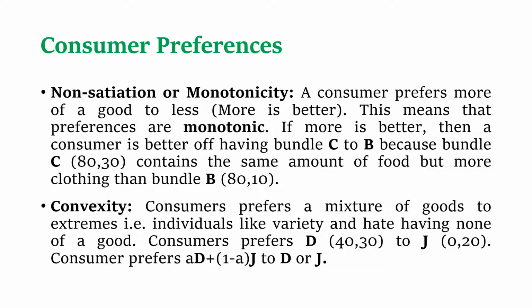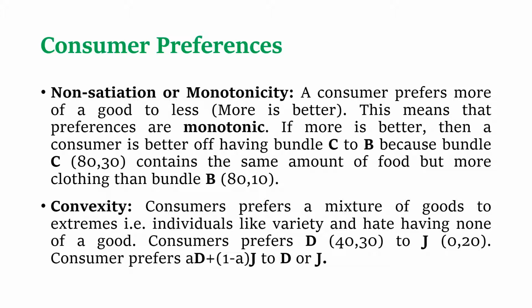Let's say, for example, as in the previous assumption, the consumer can have bundle B, that is 80 units of food and 10 units of clothing, or bundle C, 80 units of food and 30 units of clothing. He is trying to compare between those two bundles. Which one is he going to choose?